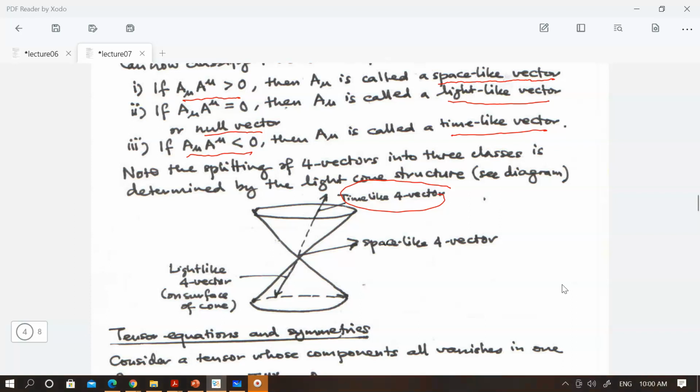You consider, for example, the world line of a photon. Let's just use the axis to show the position of the photon as it propagates in time.